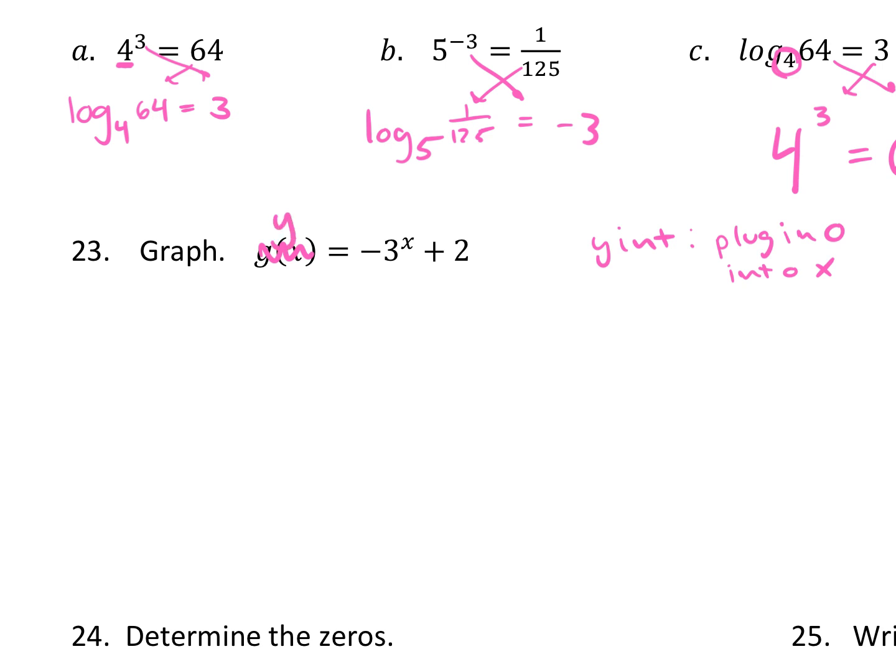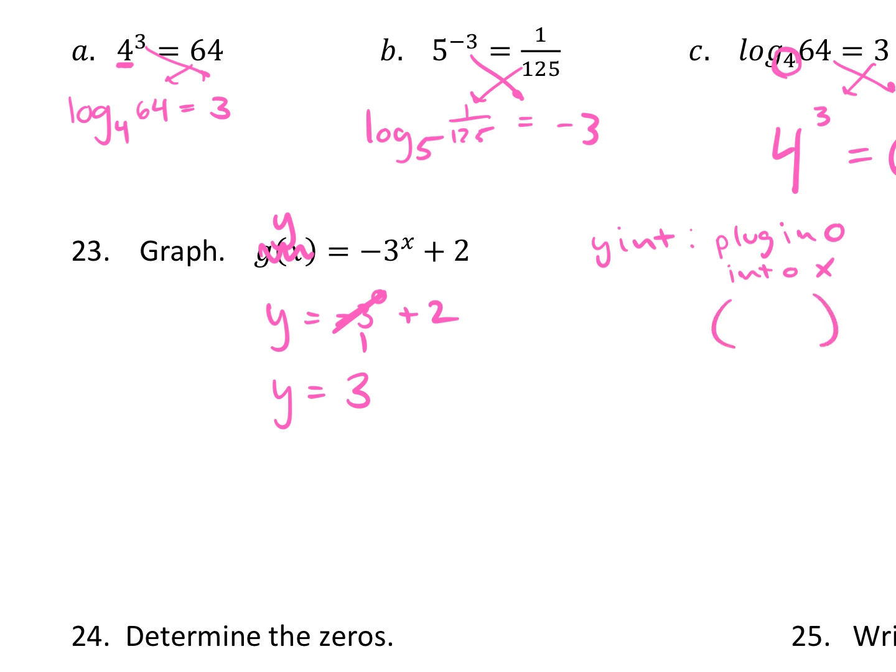So I'm going to change g of x just to be y. So y equals -3 to the power of 0 plus 2. What's -3 to the power of 0? It'd be 1. So y is equal to 1 plus 2 would be 3.